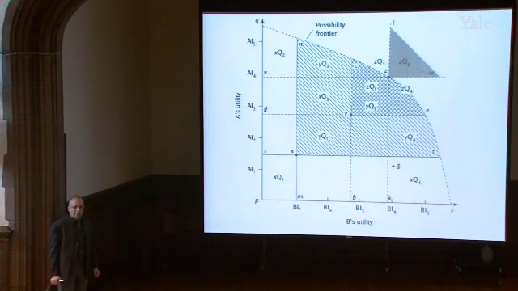Now what Pareto said, he said, let's draw a line north-south through the status quo, and let's draw a line east-west through the status quo. And we'll imagine that there's a finite source of utility that gets called in the econ textbooks the Pareto possibility frontier.